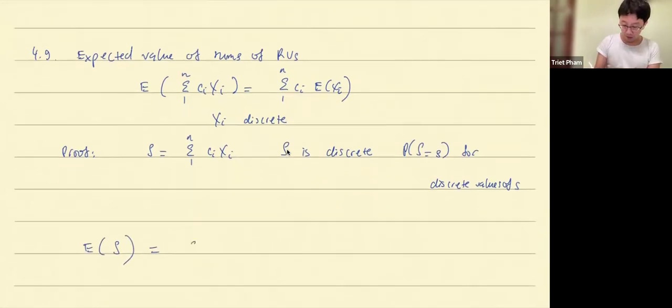Then by definition, this is a sum over values of S of those values times probability that S takes on those values. Hold on. Let me see if this makes sense.